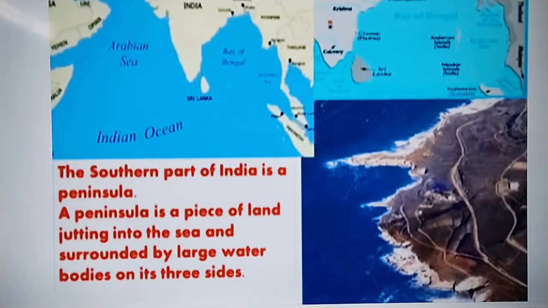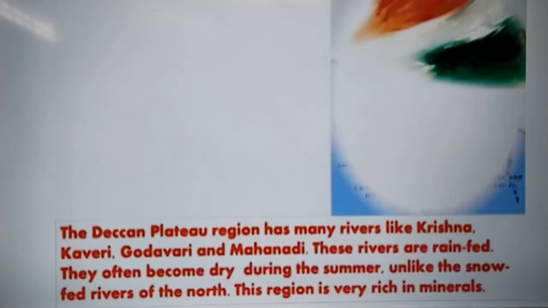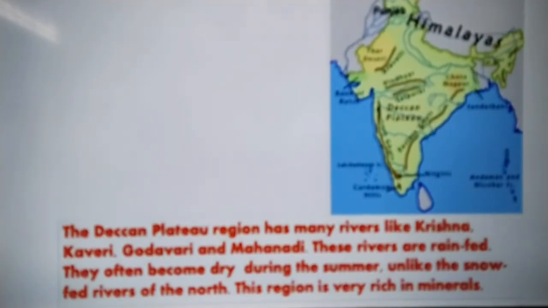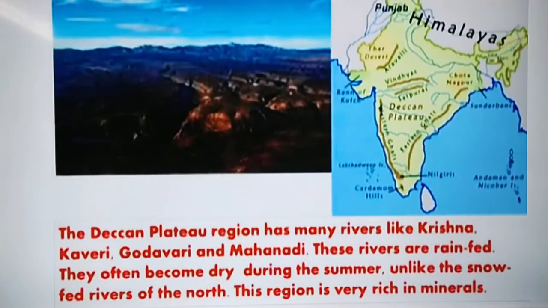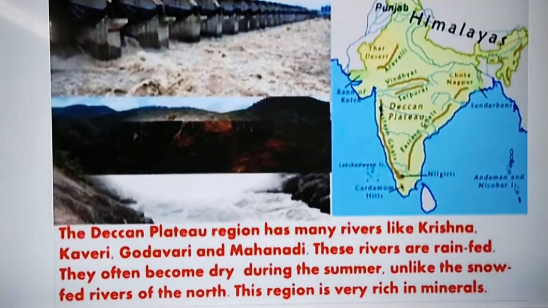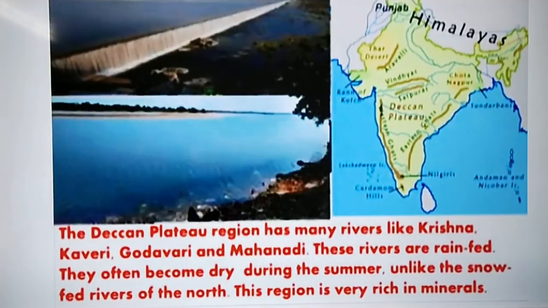This part of India is called the Southern Plateau or the Deccan Plateau. A plateau is a flat-topped region that is raised above the surrounding land. The Deccan Plateau region has many rivers like Krishna, Kaveri, Godavari, and Mahanadi. These rivers are rain-fed. They often become dry during the summer, unlike the snow-fed rivers of the north.